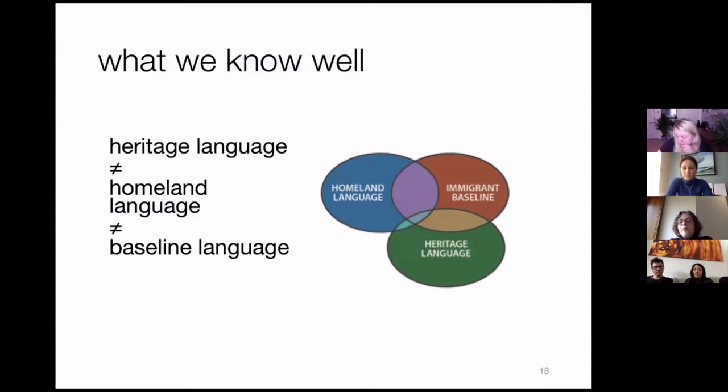And they're both different from the homeland language. So if we compare, let's say, Korean in Korea, the language of Korean immigrants in France or in the United States, and then the language of their children, we'll find quite a number of differences, and we'll also find a level of overlap.